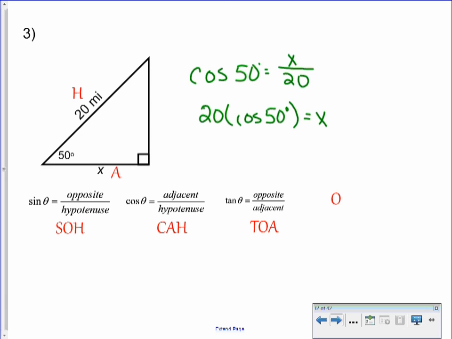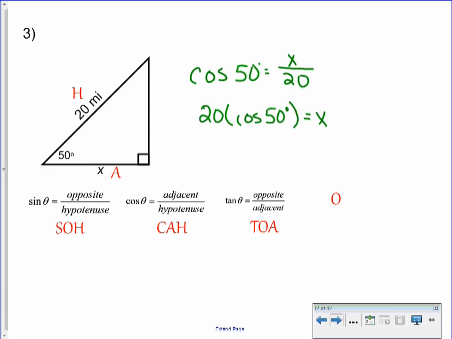All right, folks, we need to go ahead and end our discussions for today. So what do we get for our final answer there? Yep, 12.86.